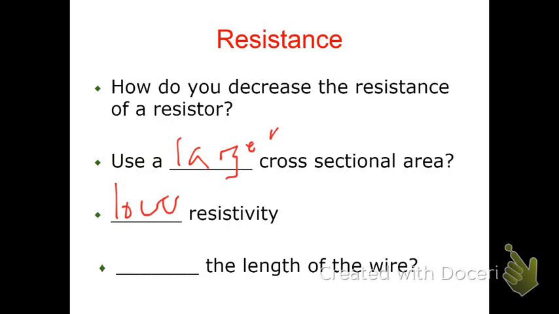The length of the wire affects things in this way. Of course, the more wire there is, the more atoms that the electrons are going to encounter, and the more resistance that they're going to have. So if you want to decrease the resistance, you have a shorter length of wire.